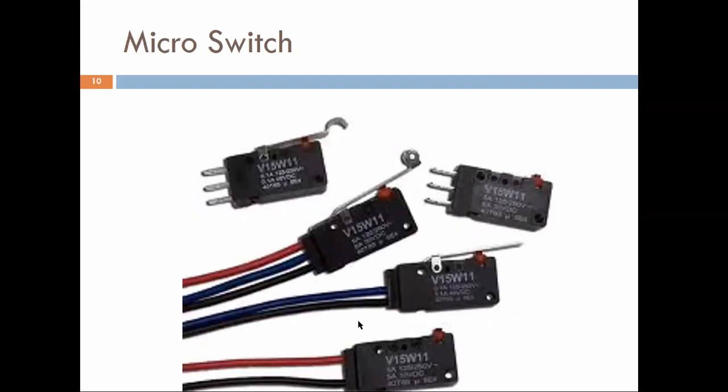So if we look, here's a few examples of your micro switches. You can see it's a very tiny switch that is activated by the lever. This one's basically a curved arm, and the middle one here has a wheel, so that when something contacts this, it will actually activate the switch.